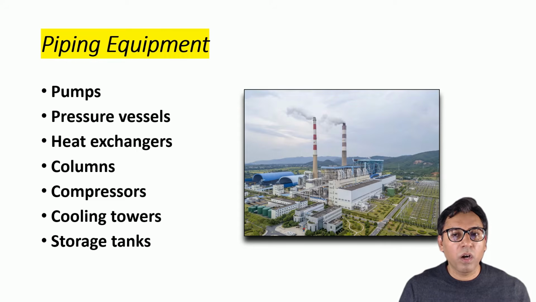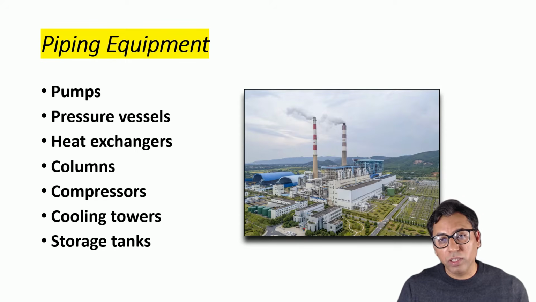There is a range of equipment we can see in that facility. These could be pumps, pressure vessels, heat exchangers, columns, compressors, cooling towers, storage tanks, etc. And all these equipments are connected with each other through piping. Here the piping role starts.